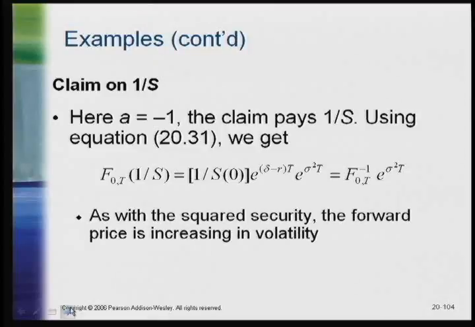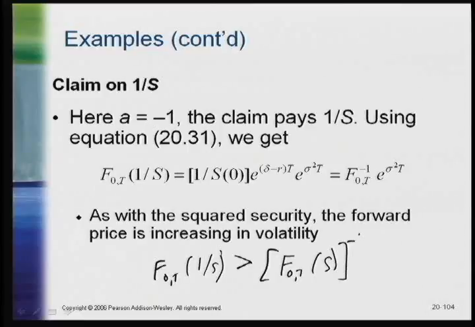And what we see is that the forward price for a delivery of 1 over S is bigger than 1 over the forward price of S. That's the reciprocal of the forward price for S. And the multiplier is, again, the same factor.